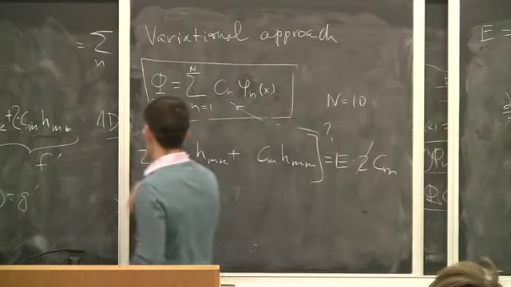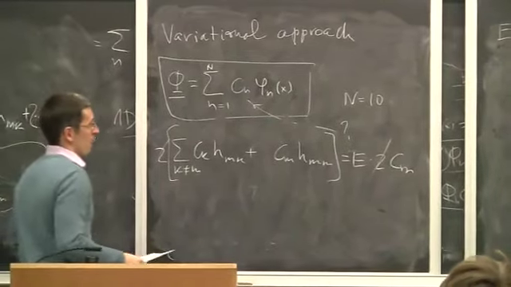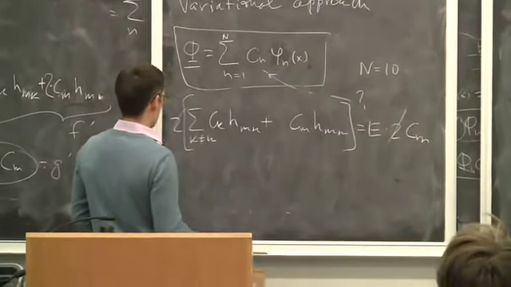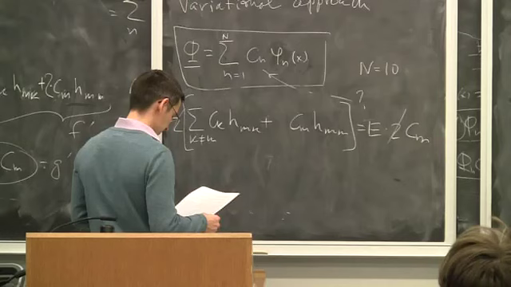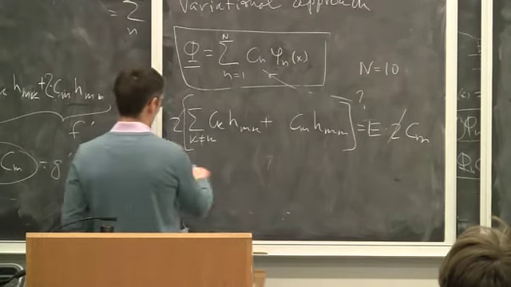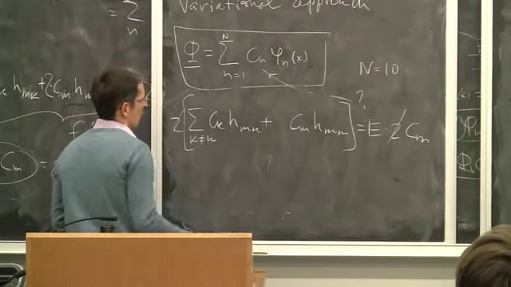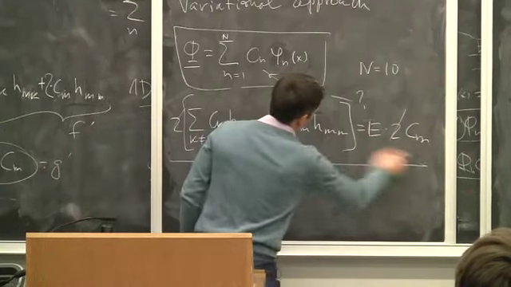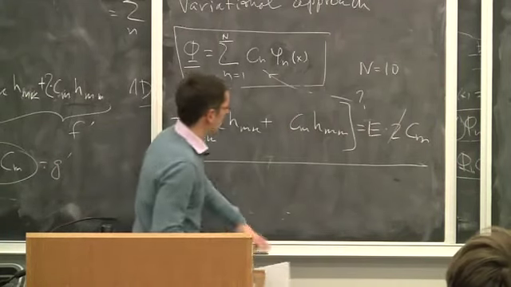So we can cancel 2's and also rearrange this. This is the equation that we obtained by differentiating with respect to cm. Now it is possible to solve it.